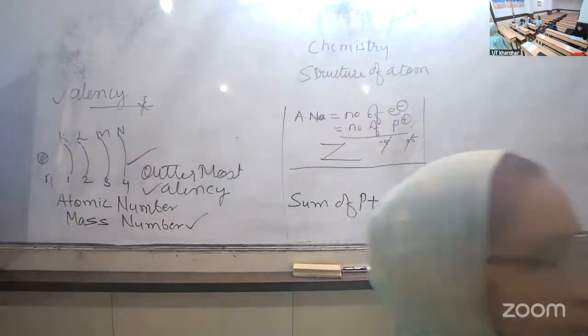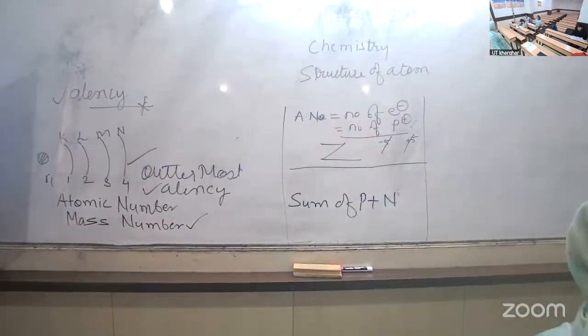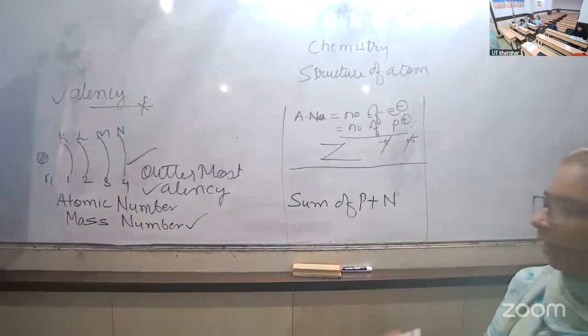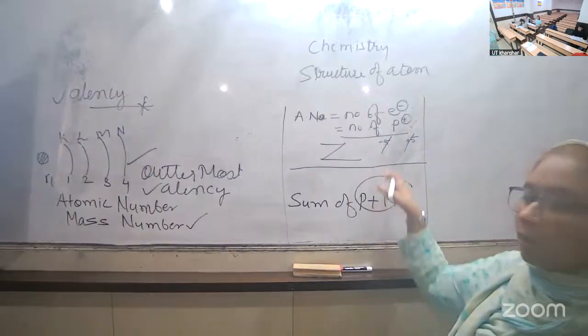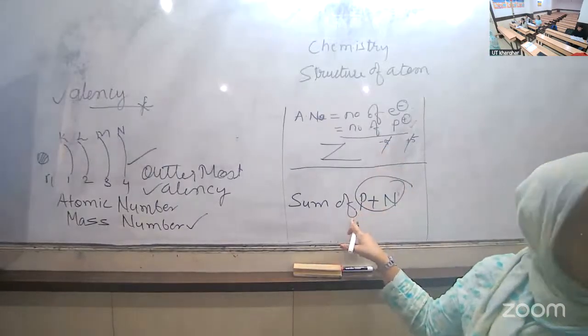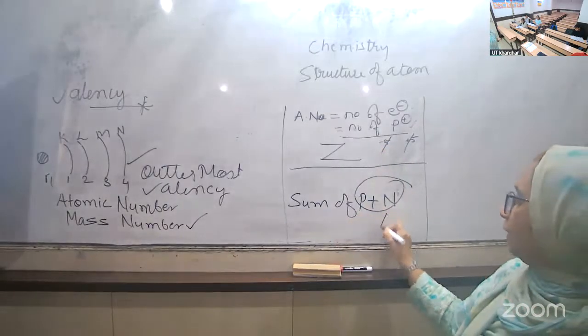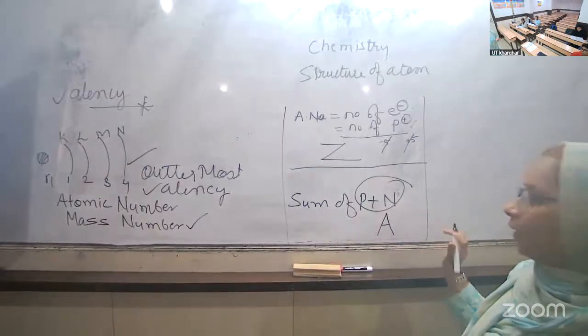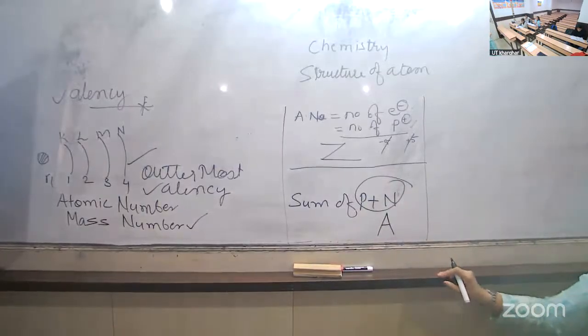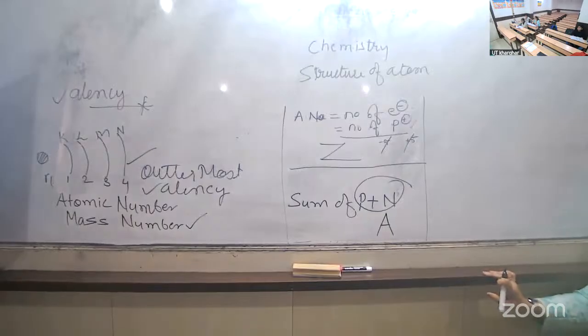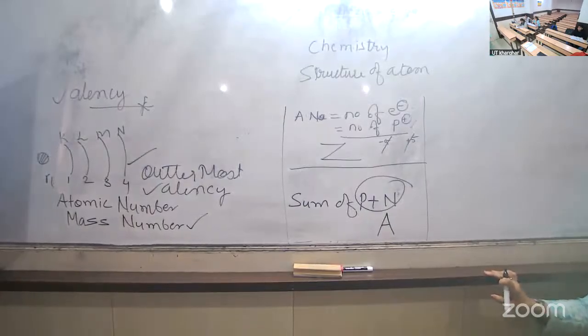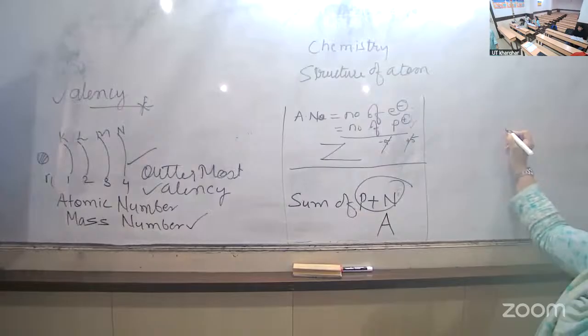Mass number is what? Sum of masses of proton and neutron. बराबर है ना? And these both are present in the nucleus of an atom, and it is represented by capital letter A. Capital letter A.